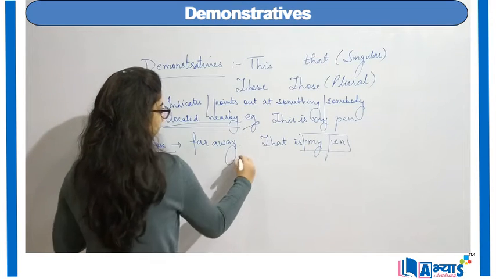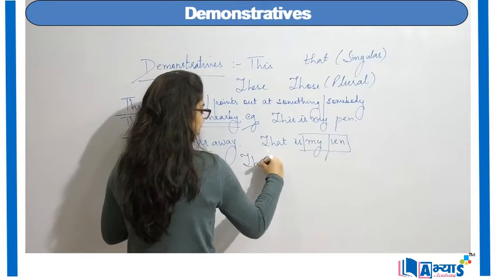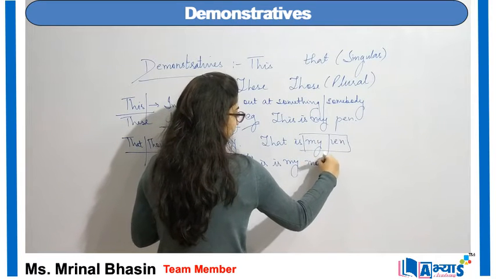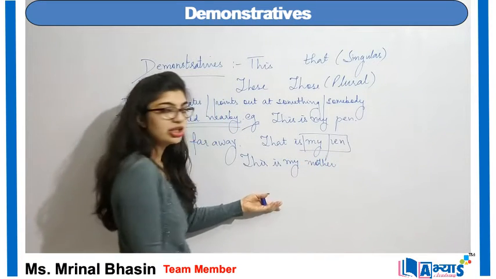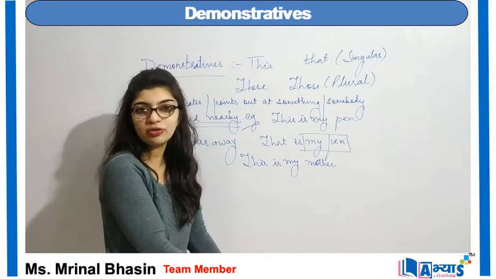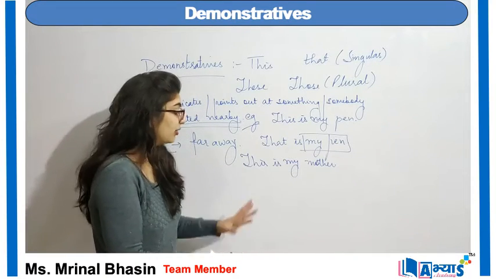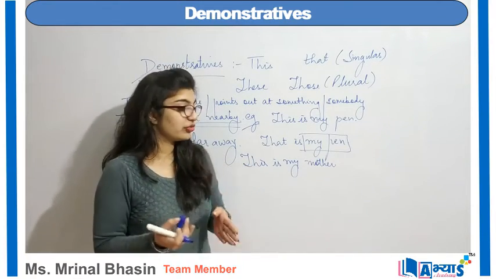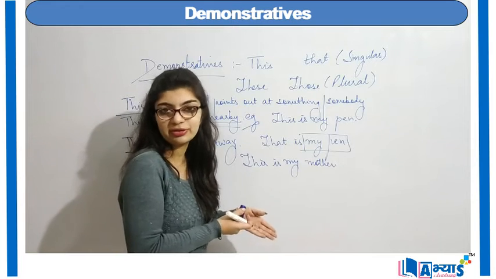Like I say, this is my mother. Now here I am introducing my mother to someone. That someone is just in front of me, right? And my mother is also just with me. Therefore I am introducing that, okay, this is my mother, right?